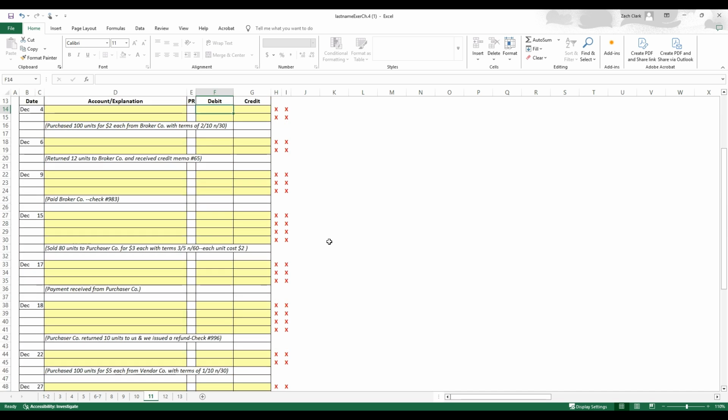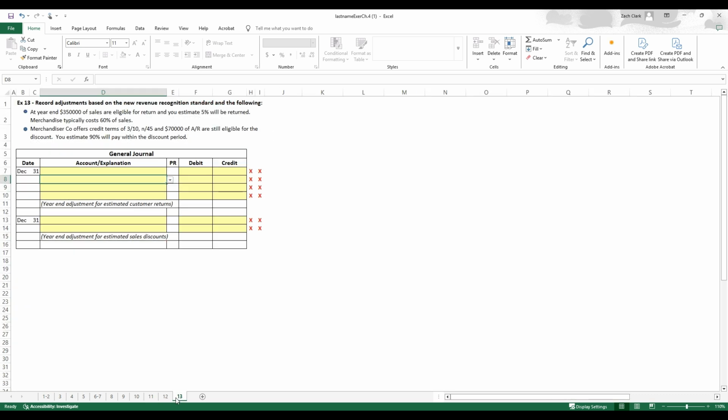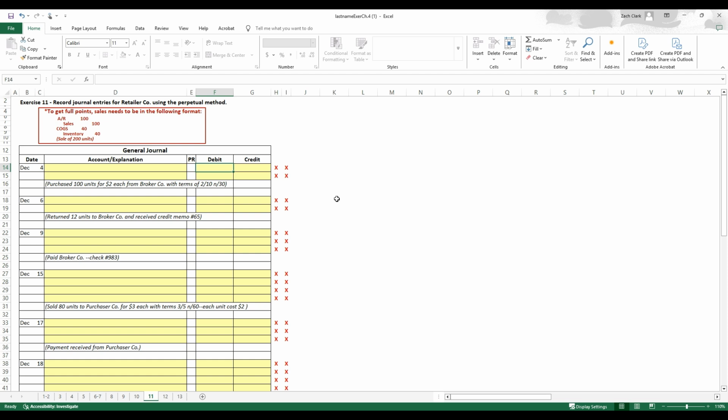Okay, so let's jump back into our journal entries. We've got journal entries using the perpetual method, and then just a few other adjustments here. So here's a purchase of inventory problem. Let's get back into our merchandise inventory and our accounts payable. Asset going up, liability going up. We've got 100 units.